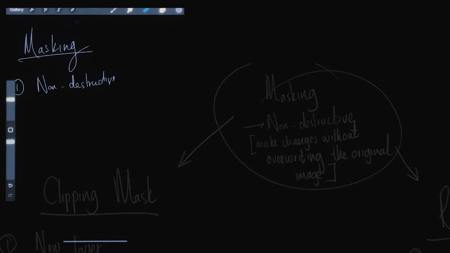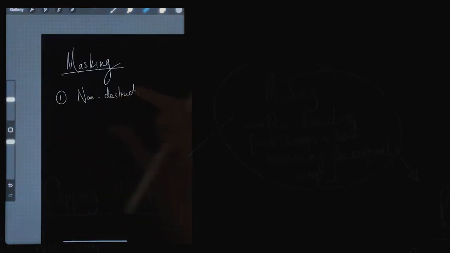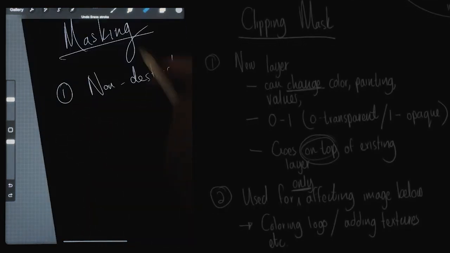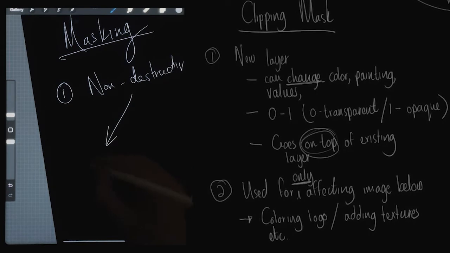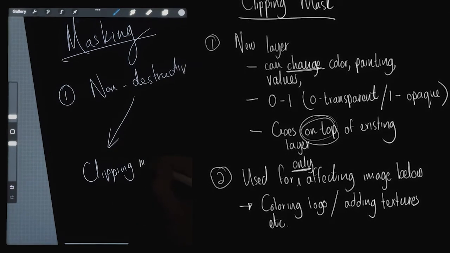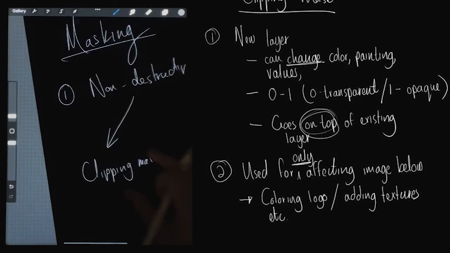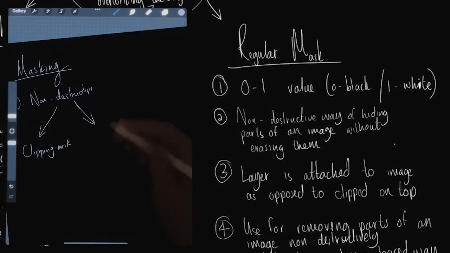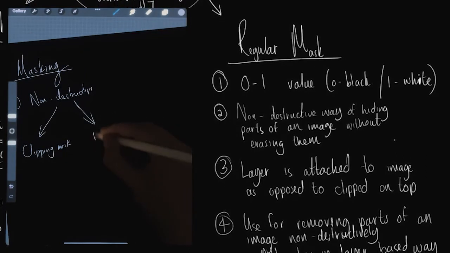So what are the different types of masking that you can get? There's two. There is a clipping mask, and number two is a regular mask.